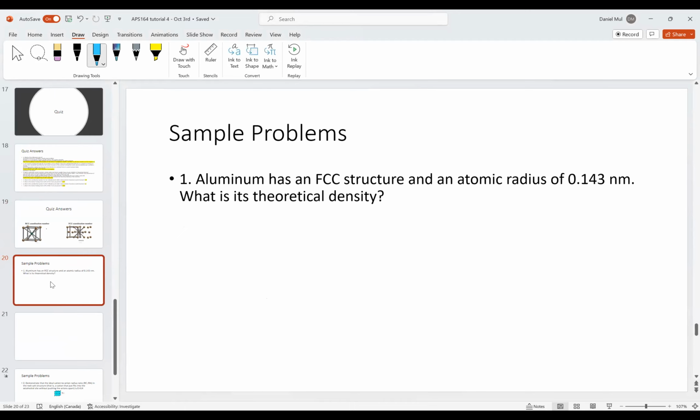If we just think of density, density is given as mass over volume. Then we get number of atoms times molar mass over the volume of the unit cell, and then Avogadro's number.